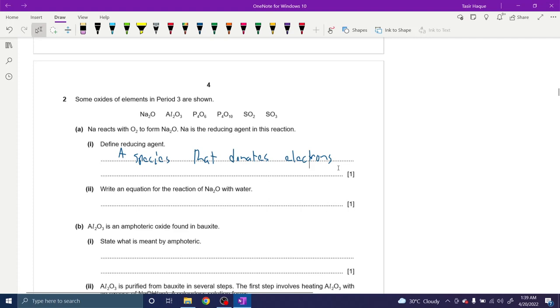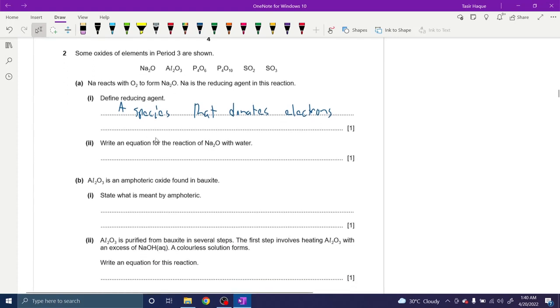Okay, a reducing agent donates electrons, and an oxidizing agent oxidizes somebody else but becomes reduced itself. So it's a species which accepts electrons, an oxidizing agent. And a reducing agent reduces somebody else, decreases the oxidation number of somebody else, right? You could also say gives up electrons, loses electrons, or a species that decreases the oxidation number of another.